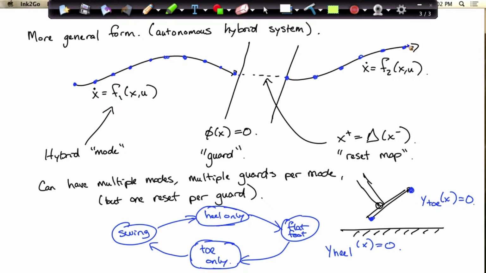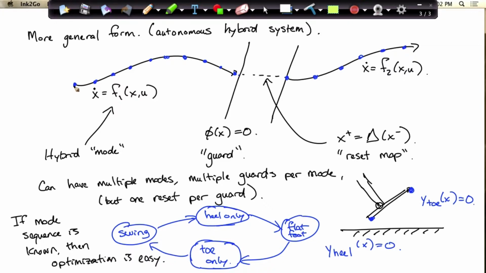If I can preordain a schedule of modes, then transcribing this into a trajectory optimization problem is easy. If my mode sequence is known, formulating the optimization is easy.